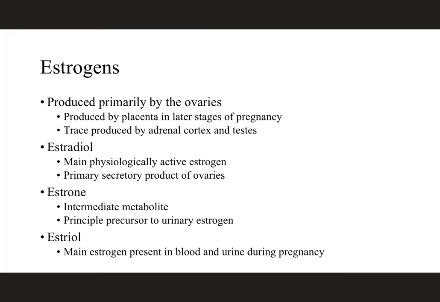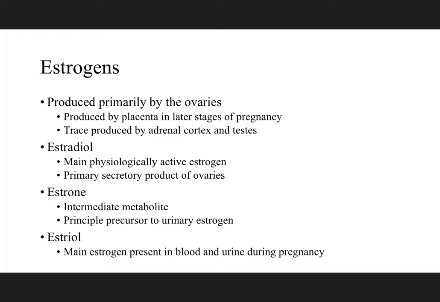We have a few different forms of estrogens that we will monitor, and they all have different purposes in terms of where we'll see the highest levels at different points in the life of a female. The first one we'll touch on is estradiol, which we look at as the main physiologically active estrogen.